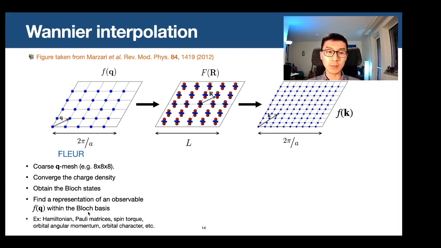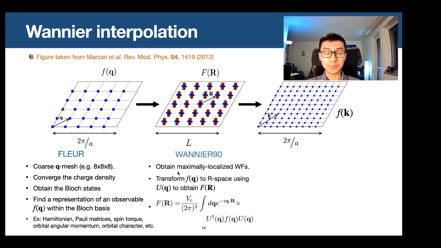An example of the observable includes Hamiltonian, Pauli matrices, spin torque, orbital and spin operators, orbital characters, and there are many things also. So what I am currently doing is we want to add more and more routines so that people can calculate physical quantities from FLEUR, and then later on we use it for Wannier calculation. Anyway, the second step is we obtain Wannier function in real space, and we also get U(Q) at the end of the calculation.